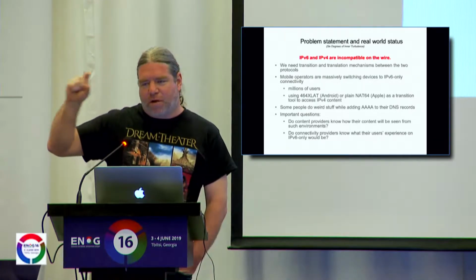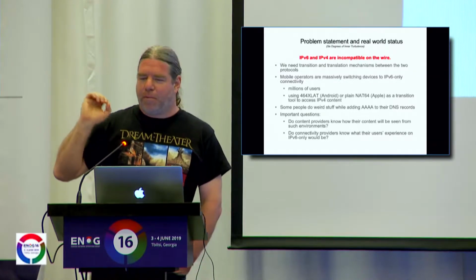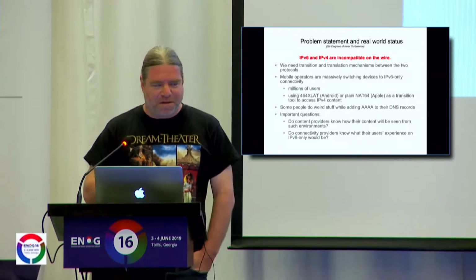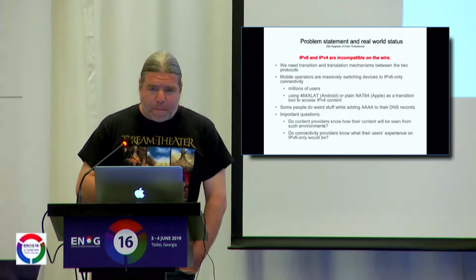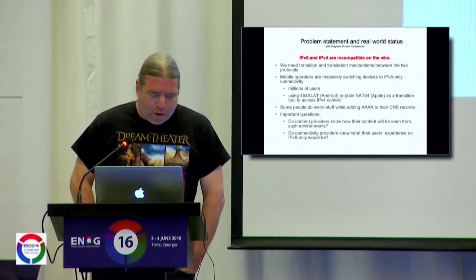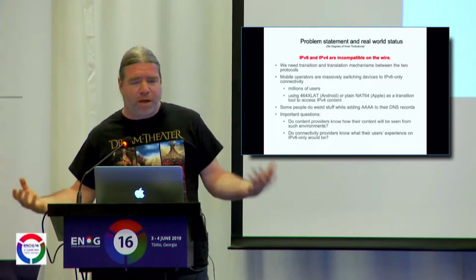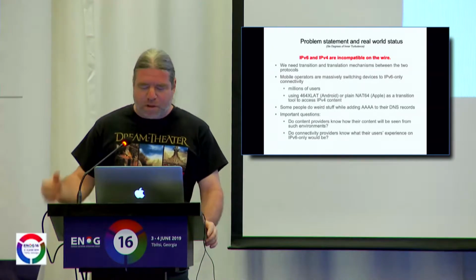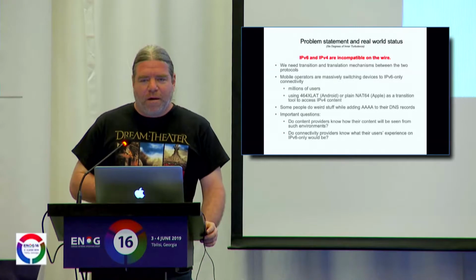In IPv6, instead of an A record in DNS, you have AAAA records, and people put really, really weird stuff in there as a field. I will show you later. So an important question I was thinking about was: do content providers know how their content will be seen from such a NAT64 environment? And do connectivity providers know what their user experience will be on IPv6-only?